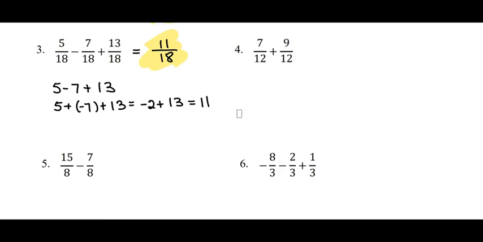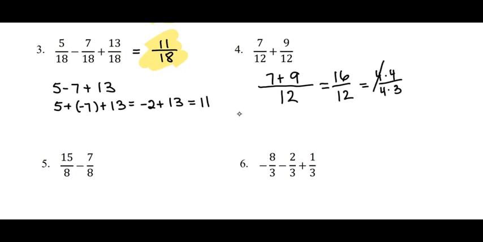Okay. Problem number 4, you have 7 over 12 plus 9 over 12. This looks like pretty straightforward problem. So we have over 12, 7 plus 9. That would give you 16 over 12. So these are two even numbers, so their chances are this problem could be reduced further. So I can rewrite 16 as 4 times 4 and 12 as 4 times 3.